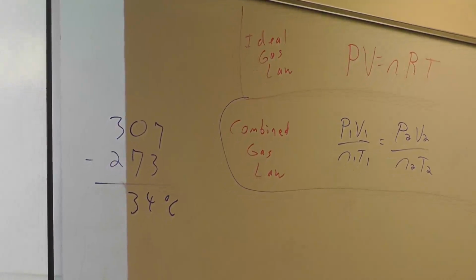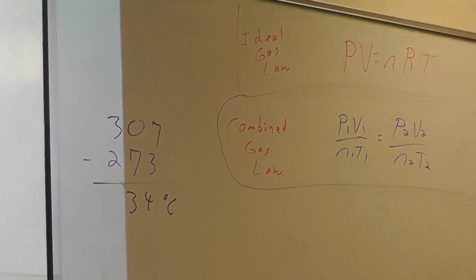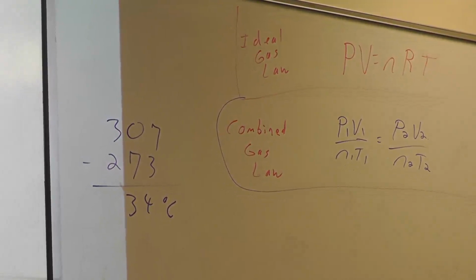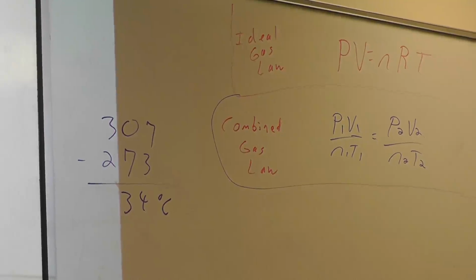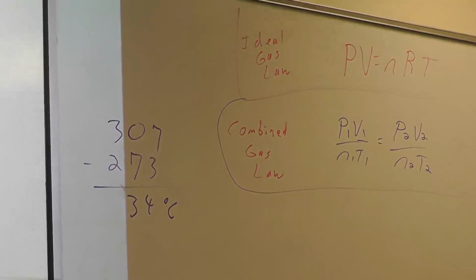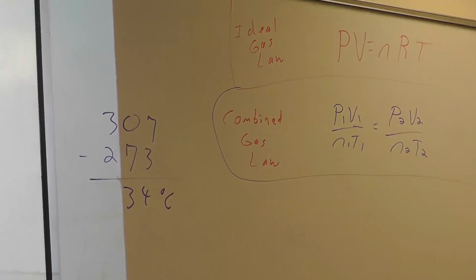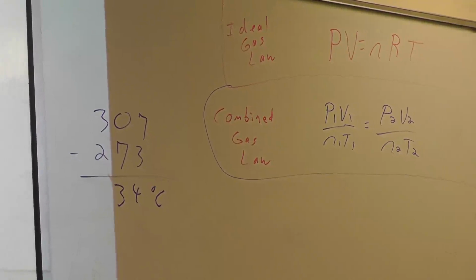All of those different laws are lumped together, combined into a single formula, which is your combined gas law. Combined gas law you need to memorize. That formula over there on the right you need to memorize. But the individual laws that you see in the book, like Boyle's and Charles', etc., don't worry about those.